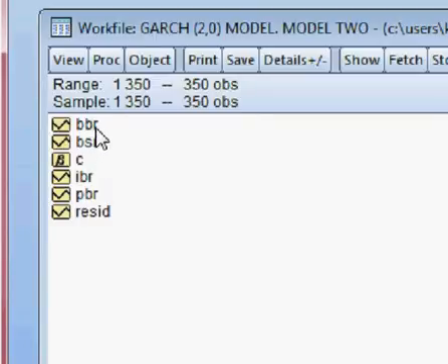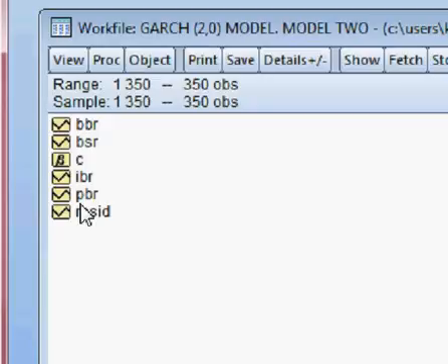Bangladesh bond return. What is BSR? Bangladesh stock return. What is IBR? Indian bond return. What is PBR? Pakistan bond return. So I have four variables.